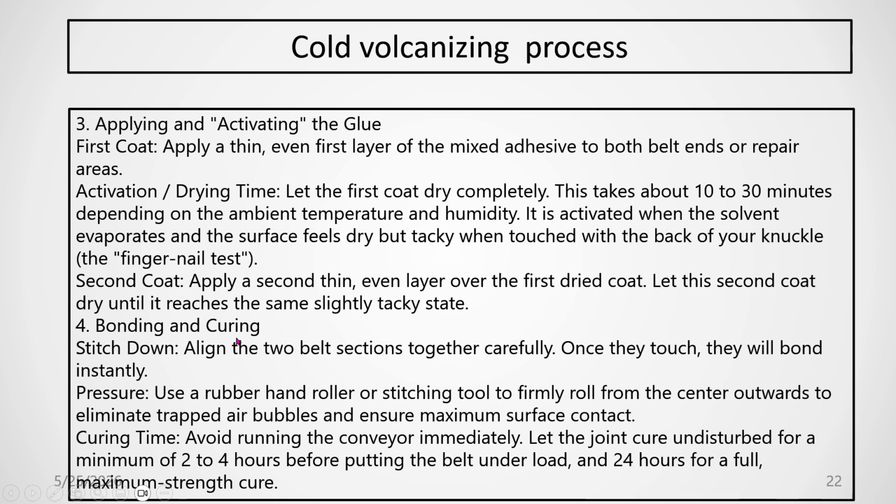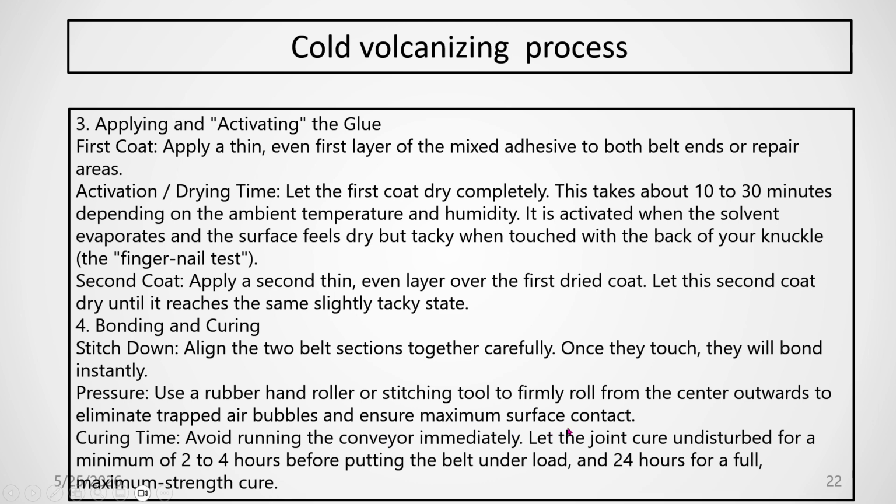Then bonding and curing: align the two belt sections together carefully. Once they touch each other, top to bottom, they will bond instantly. Use a rubber hand roller between top and bottom, and then a stitching tool to firmly roll from the center outwards to remove air bubbles from the joints.